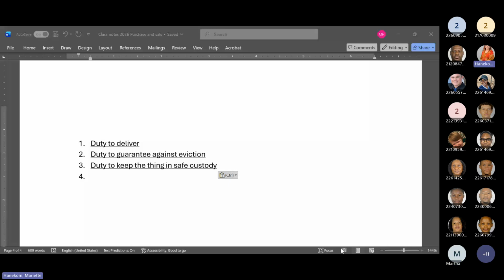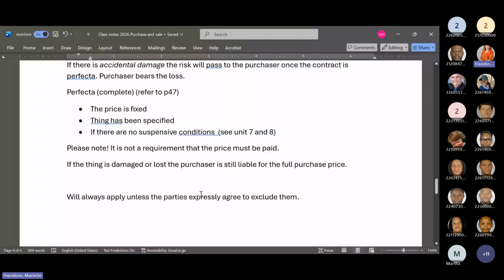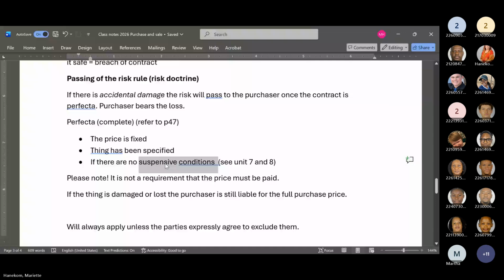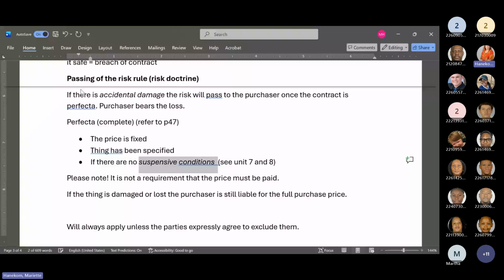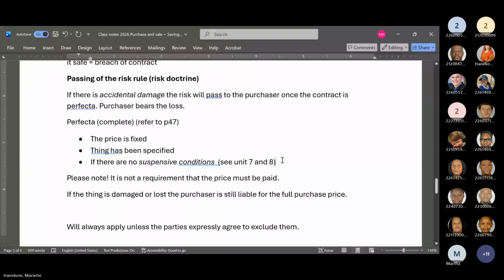You need to go back, because I'm not going to be teaching things that I've already taught. Suspensive conditions I did in previous lectures. What are conditions? What are suspensive conditions?